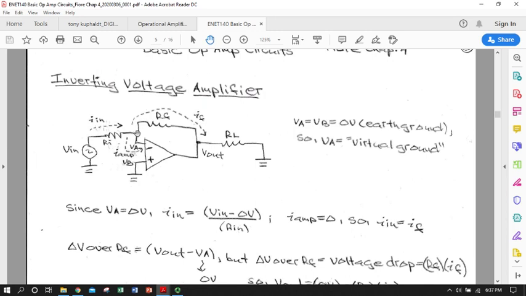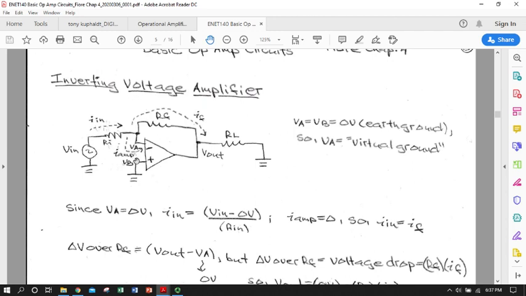Well, here's a virtual ground right here. What's the resistance between the entry point and this virtual ground? Well, it's just that resistor. So our R sub I effectively creates and defines the input impedance for this inverting voltage amplifier configuration.